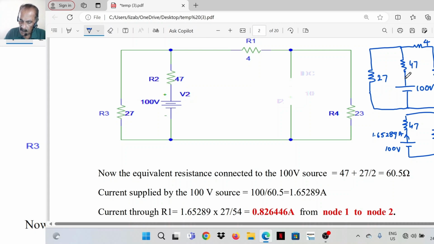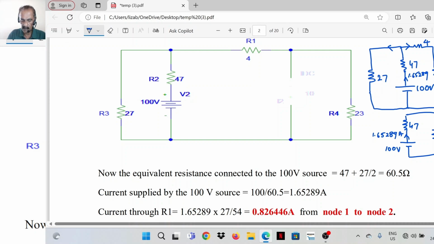So this current is 1.65289. So current through the 4 ohm resistor is 1.65289. Here in the left side, the total resistance is 27. Right side, it is 23 plus 4. That also 27. So this current will equally divide between this 27 and the right side 27.